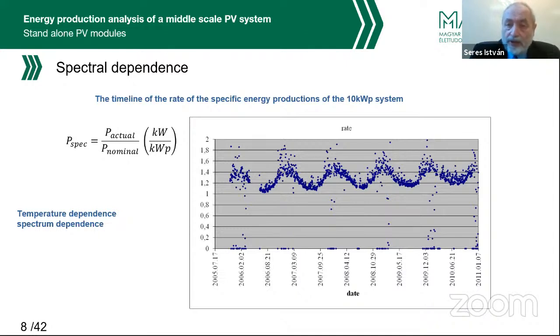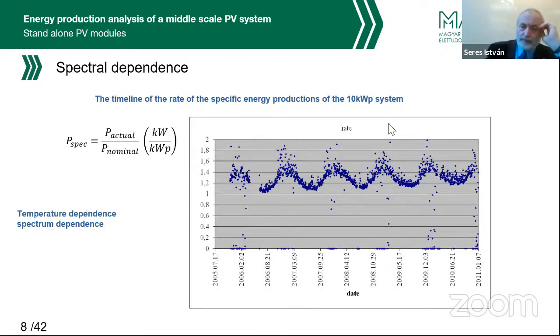The energy production was divided by the nominal power of the system. In this way, we got specific power and specific energy production, and we checked the ratio of these productions.